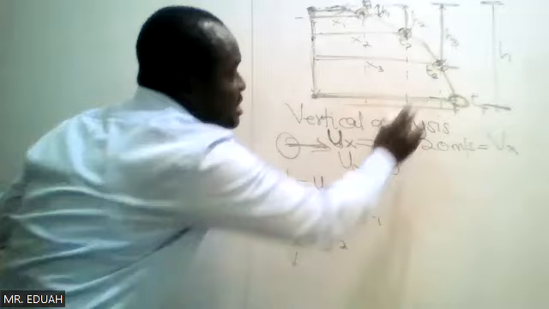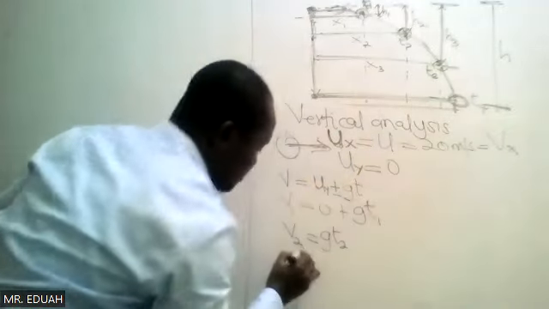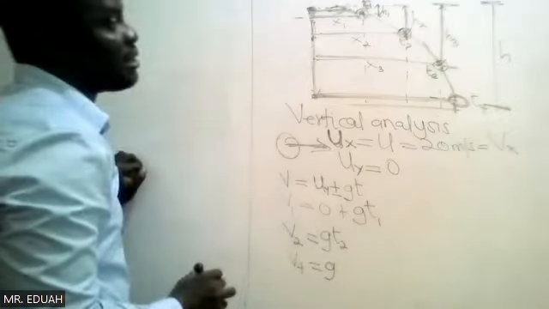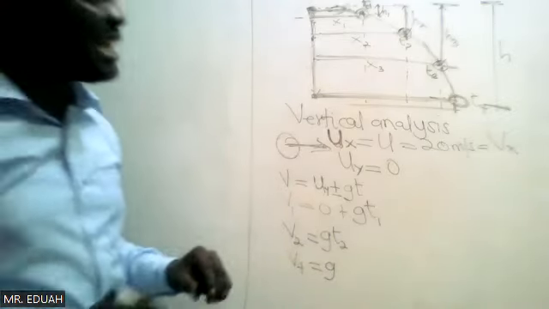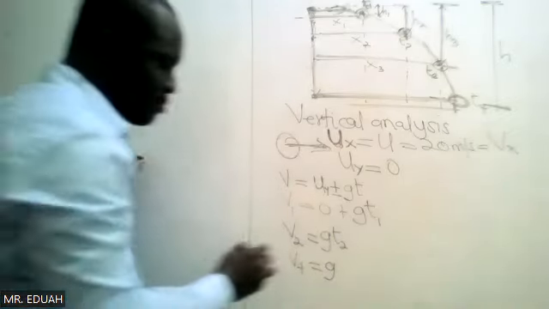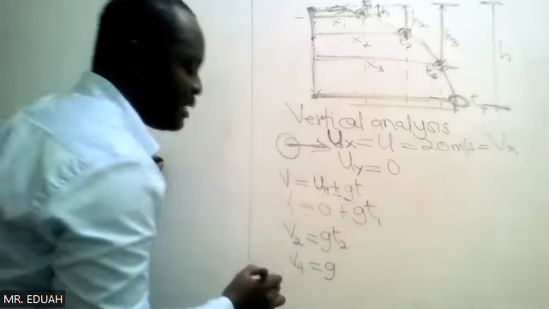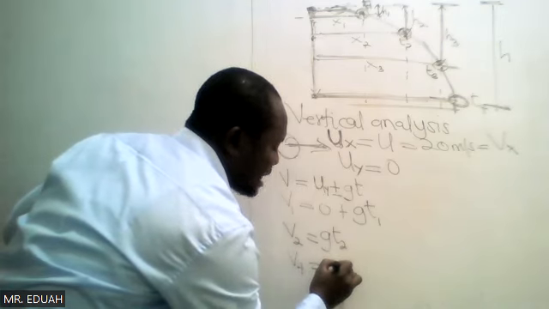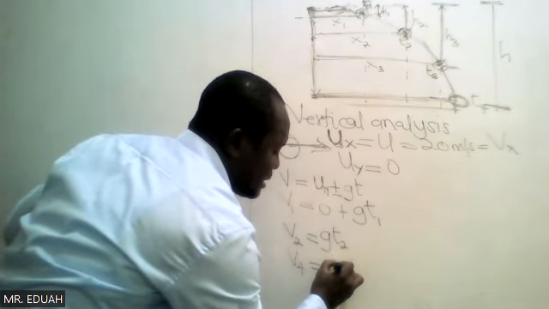The final velocity here, let's use V4, is equal to g times, what do you think will be the time? What will be the time here? T4, which is the time of flight, isn't it?